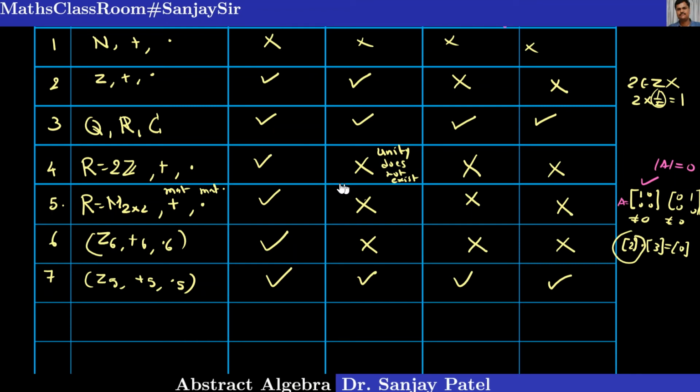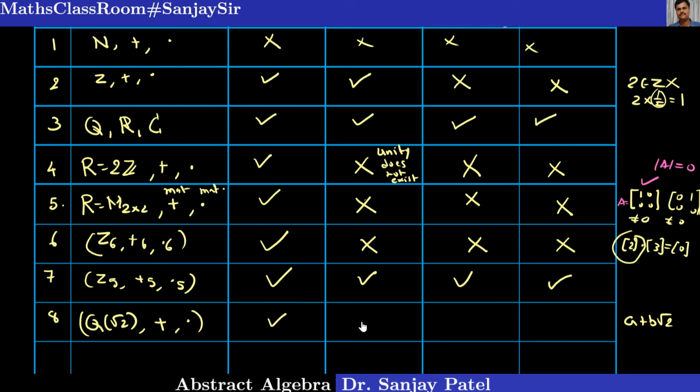Let me go further to another important example of a ring, that is Q root 2, the set of all real numbers of the form a plus b root 2. We have also proved in detail that the set Q root 2 with the operations of addition and multiplication of real numbers is a ring.